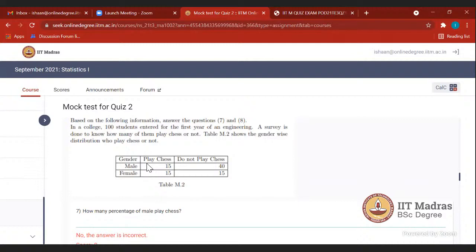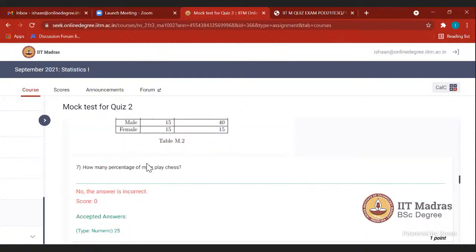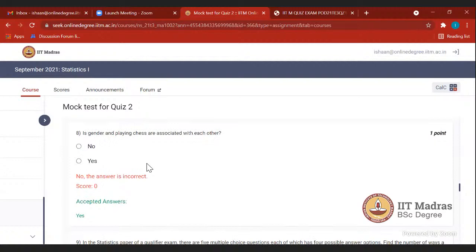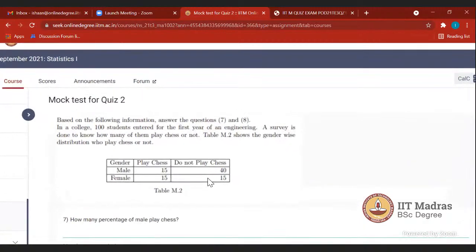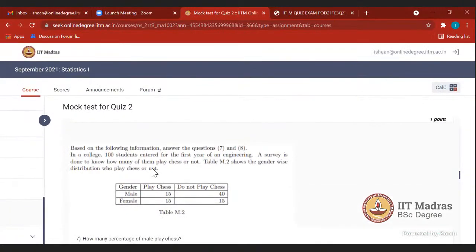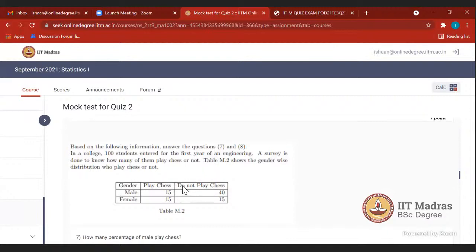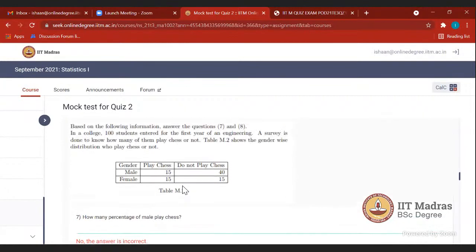There it's 31 point something. 15 divided by 55 is 27.27. Yeah, it's 0.2727. Maybe I'm missing something. Let me see. 400 students. Someone got 25% also. They're saying, right? Yes, the person, can you just explain how did you get 25? I'm just checking it.